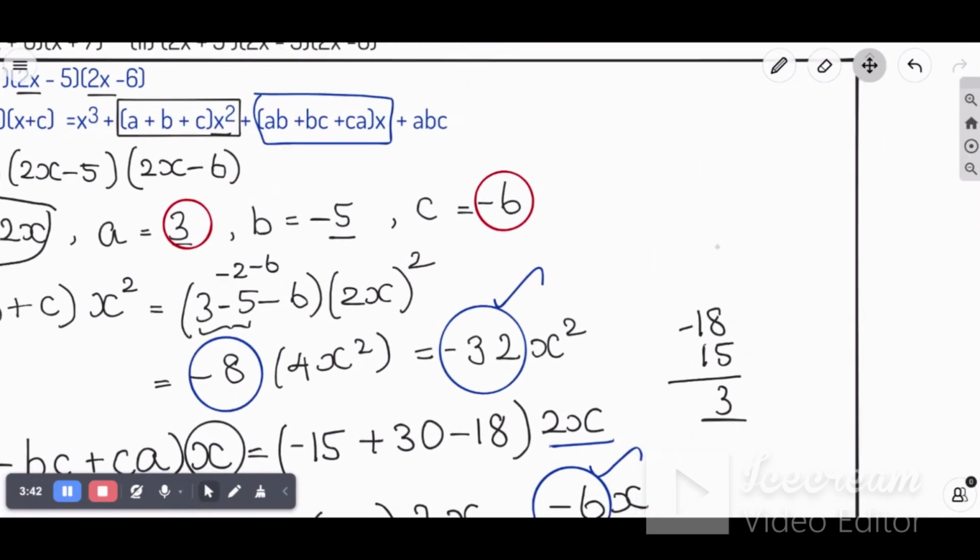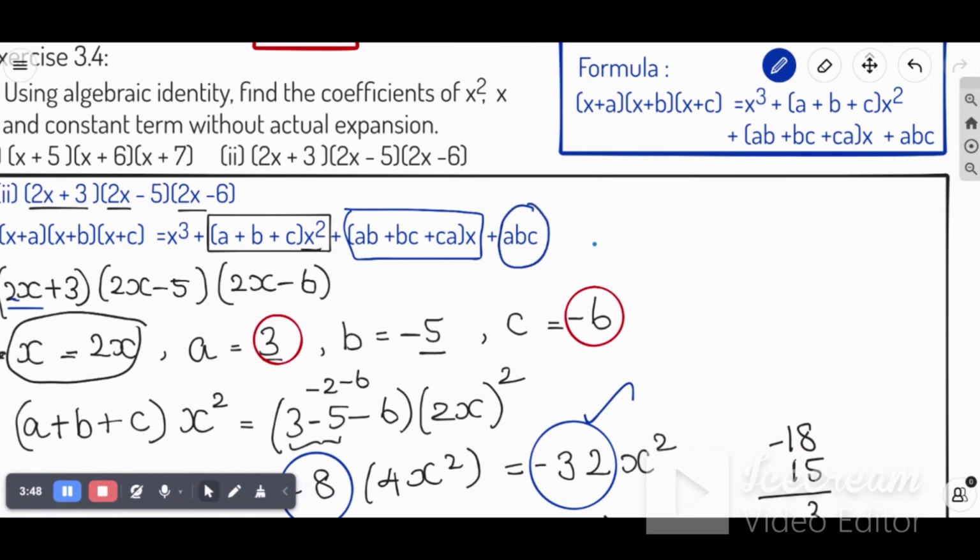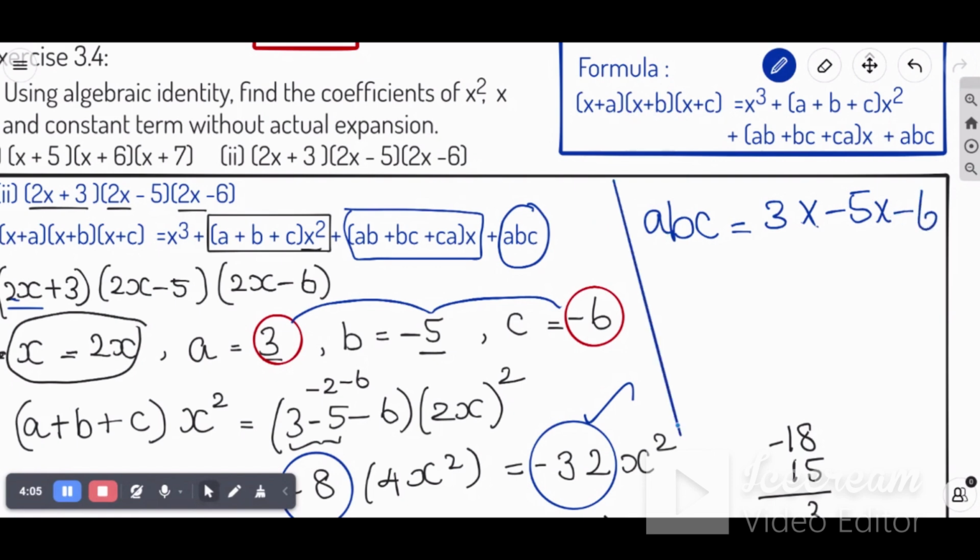Finally, we have to go to the coefficient of the constant term. So the constant term, as you know, it is ABC. So you have to put all the ABCs together. So the constant term is equal to ABC, which is equal to 3 into minus 5 into minus 6. So 3 5s are 15, so that will be minus 15.